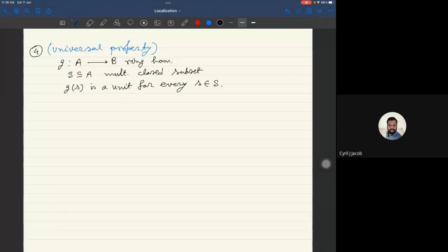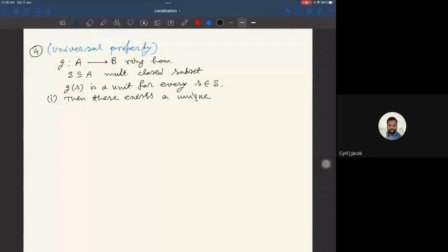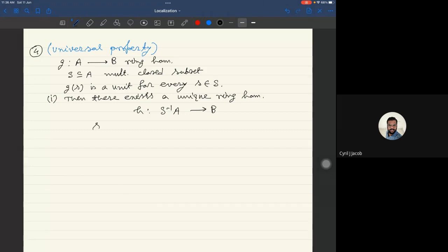Then, this is number 1, there exists a unique ring homomorphism H: S inverse A to B such that H composed F is actually G. What is F?